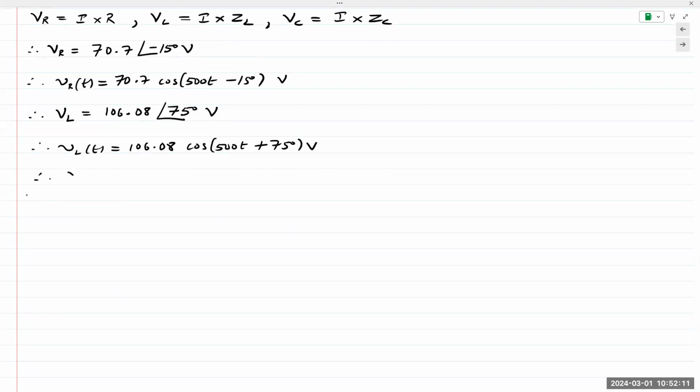And VC, phasor for VC, is 35.35, in amps. Oh, not amps, sorry, still voltage. (500t minus 105 degrees volts).